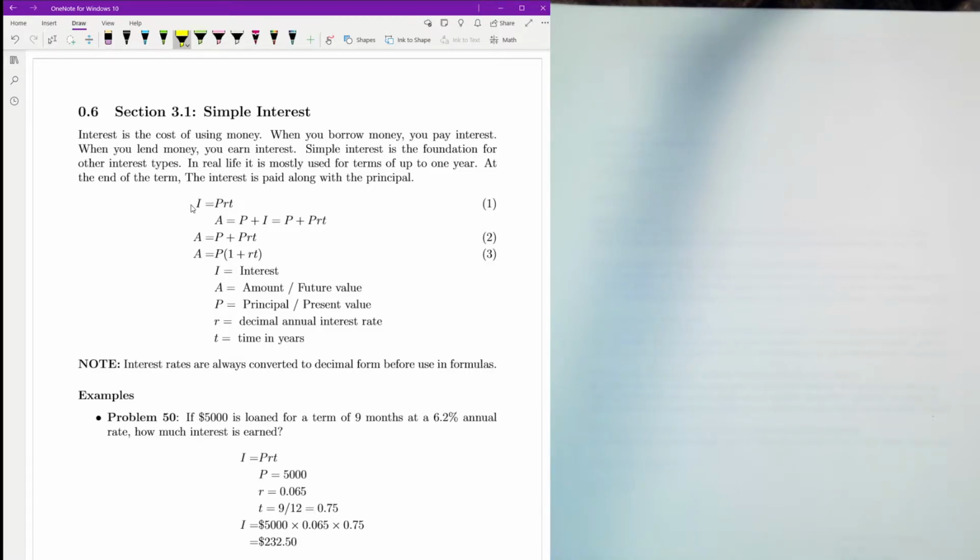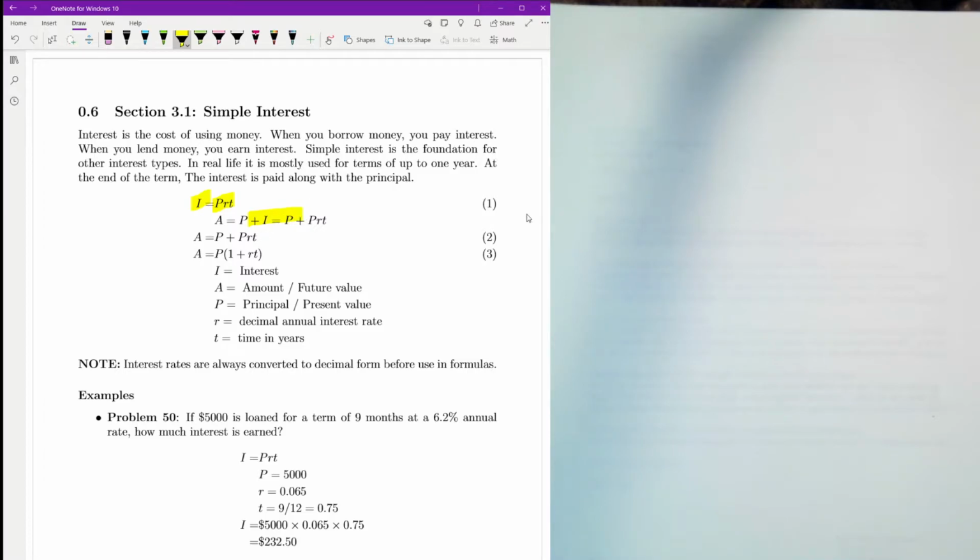The interest, I, equals the principal, or present value, times the rate, which is a decimal annual percentage rate, times the time in years. Another way to write this out is the amount, or the future value, equals the principal plus the interest, which is what we have here.